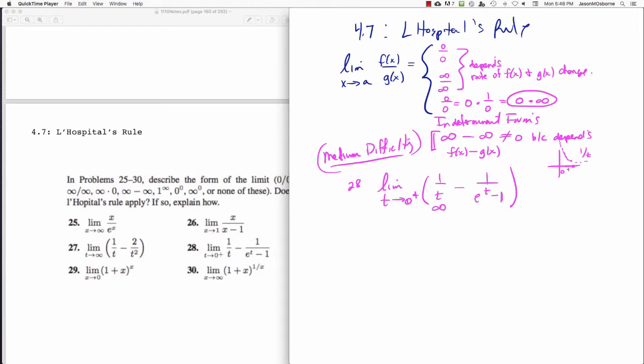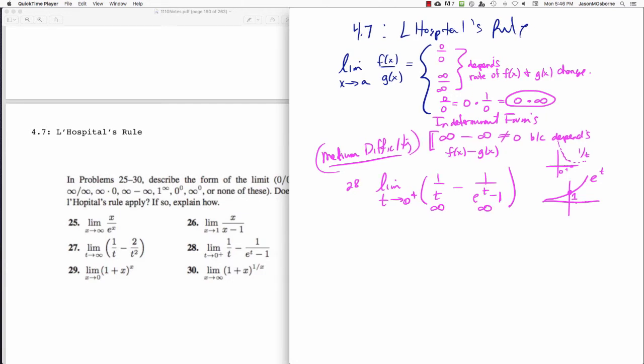And as t goes to 0, e to the t gets closer and closer to 1. So 1 over 1 minus 1 is 1 over 0, which is infinity. So is this limit going to equal 0, or something else? The answer is that it depends, because this is an infinity minus infinity indeterminate form.